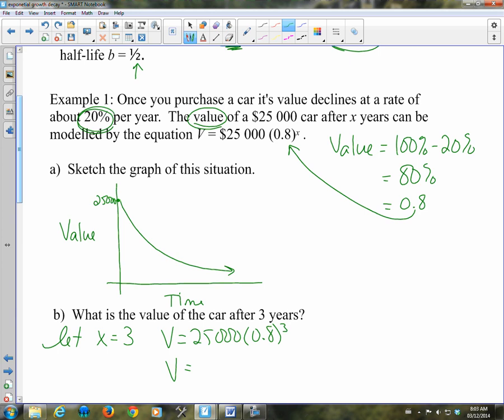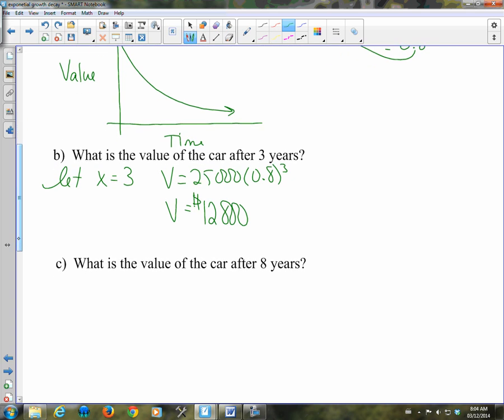The real trick with this one is getting the 0.8, understanding the value of the car is not the 20% it's losing. The value is the 80% that's left. So I'm going to do 25,000 times 0.8 to the exponent 3, and I get a value of $12,800 after 3 years.